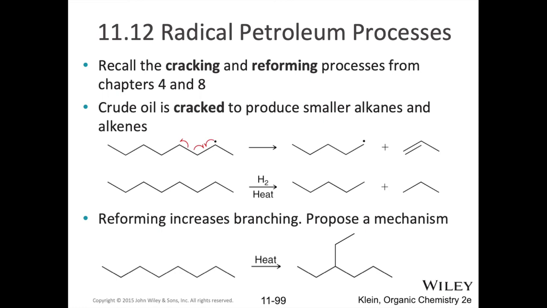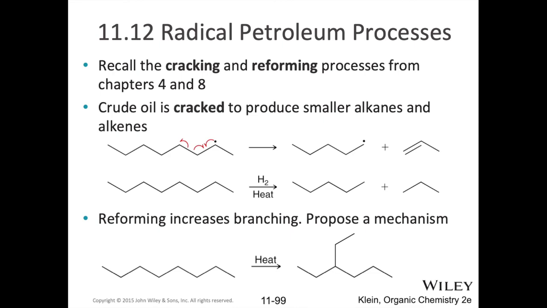from that. Other processes that take advantage of radical reactions include cracking and reforming of crude oil. We talked about crude oil way back when we talked about hydrocarbons in general. We talked about alkanes and alkenes.